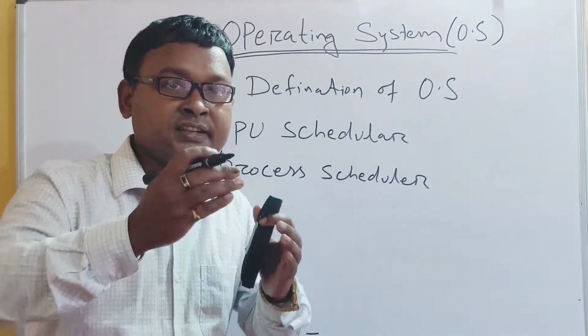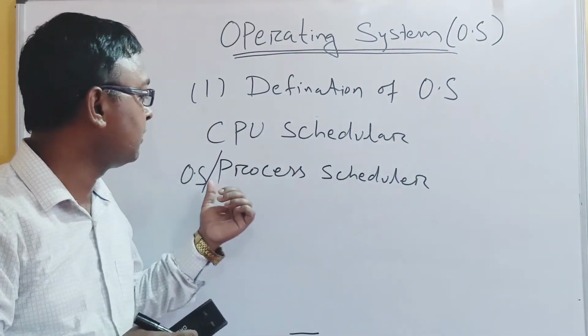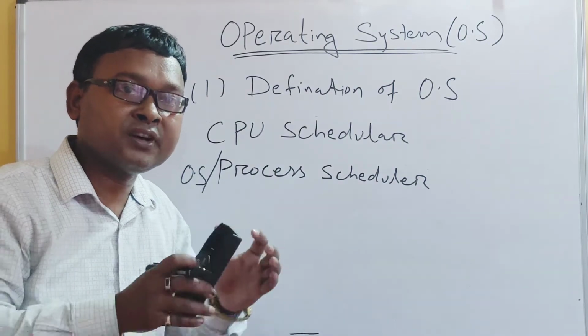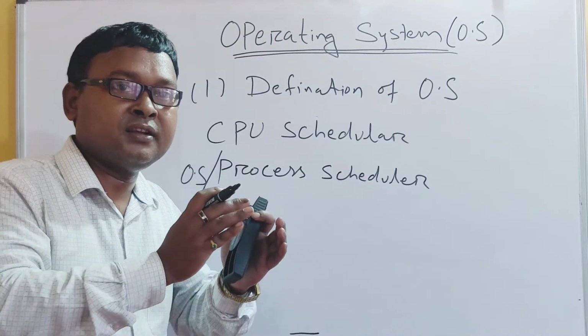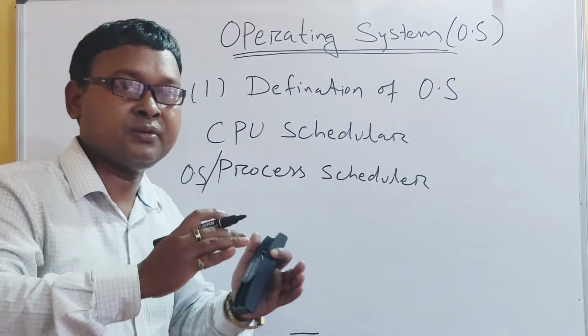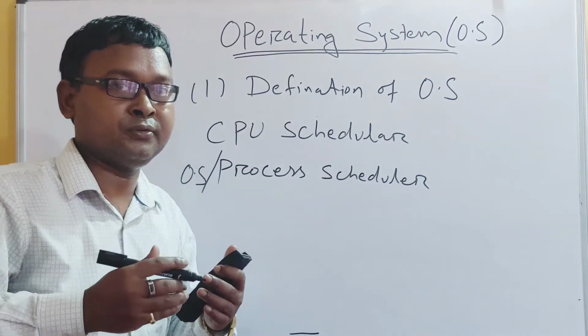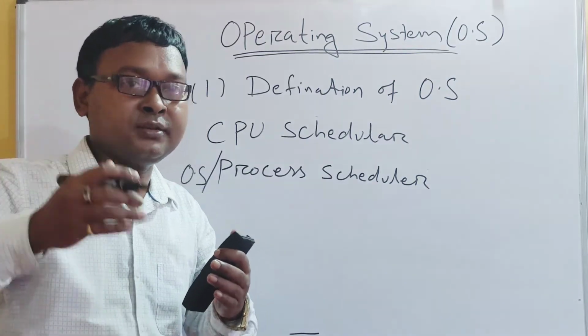Are you understanding? It is outside the processor. So your operating system scheduler, or process scheduler, is responsible for scheduling, managing or maintaining the jobs or processes that are waiting for execution in the CPU.